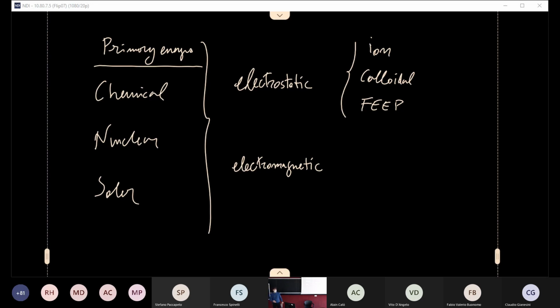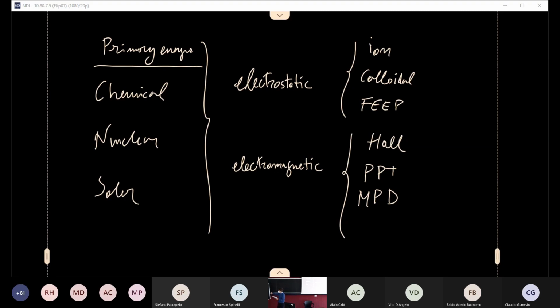Electromagnetic thrusters exploit also forces due to the presence of a magnetic field. And here we can identify arcjet thrusters, pulsed plasma thrusters, magnetic plasma dynamic thrusters, or applied field magnetic plasma dynamic thrusters.